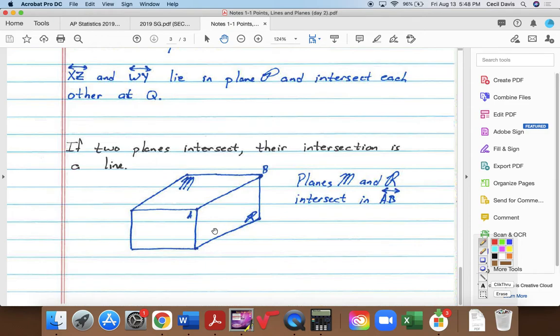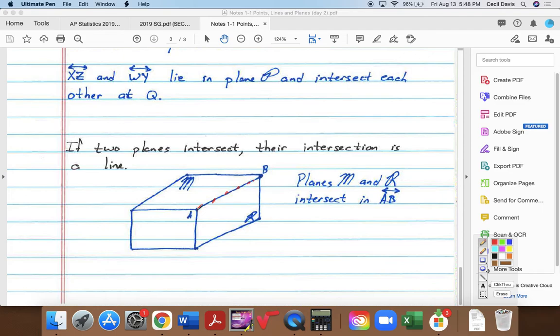The points that are on both of those planes are the intersection. So here, all these points along here are both on plane M or in plane M, if you will. Either one is fine. And they're also on plane R. They're part of two different groups.